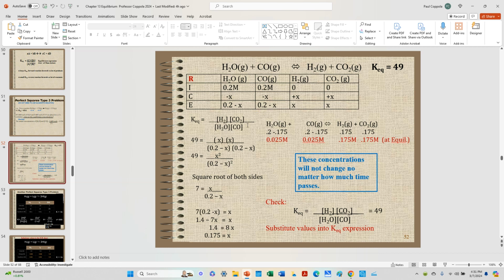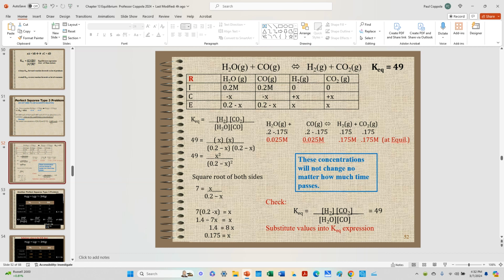Here's our equilibrium expression. And so now we substitute in these values. X for the products, 0.2 minus X, 0.2 minus X for the reactants, and look what we have. X squared over (0.2 minus X) squared equals 49. We take the square root of both sides, and then we solve for X. But we're not done yet, because X is how much was used up of the water.